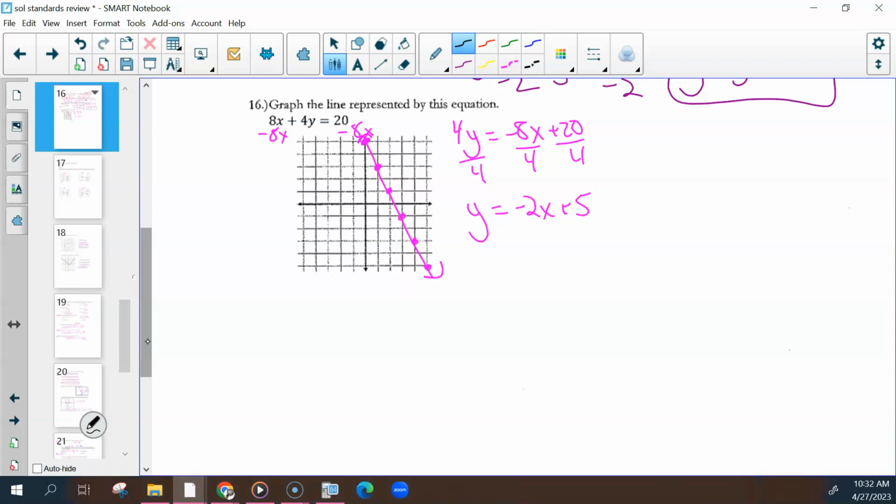If you were doing that in Desmos, you could have just typed in the original. It would give you your y-intercept and your x-intercept. You could plot those 2 points, or find this. You could count the slope and do it that way. Anyone need or want to see that in Desmos before we move on?